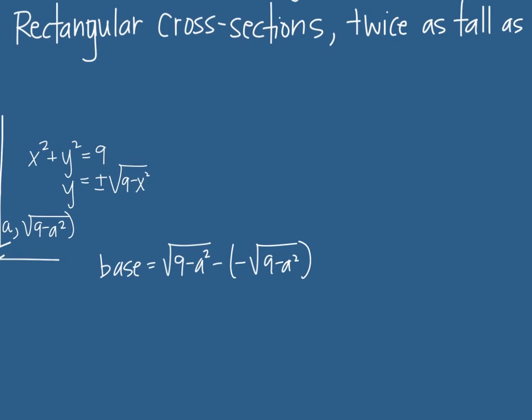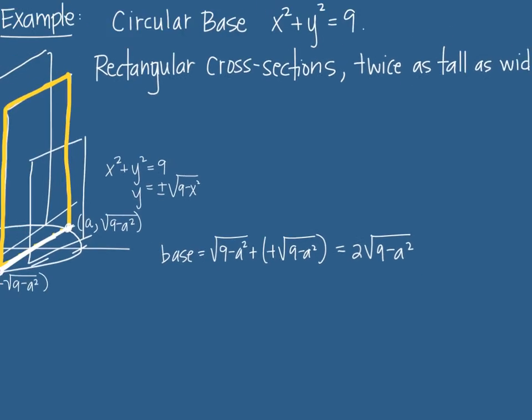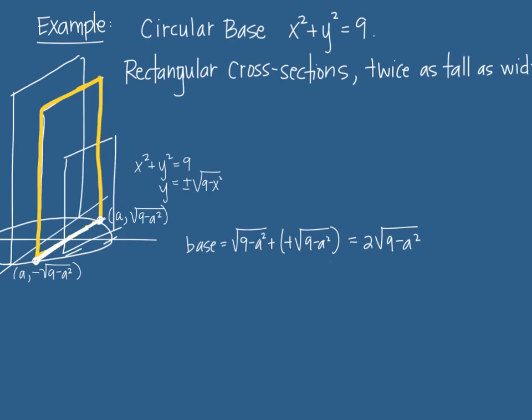Put them together, two negatives make a positive. The base is 2 times the square root of 9 minus a squared. That is the bottom of any rectangle with a circle on the bottom.